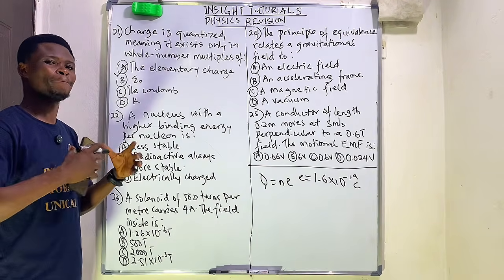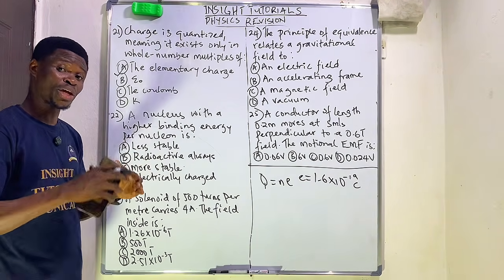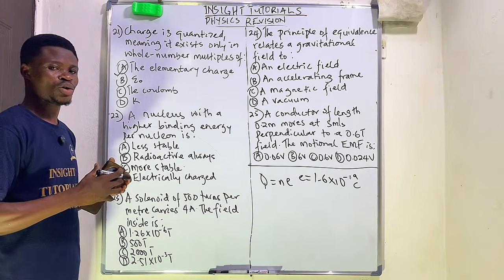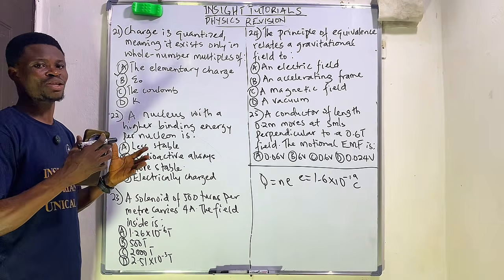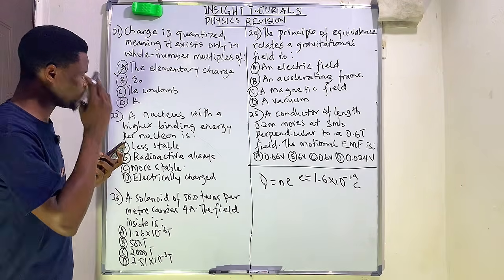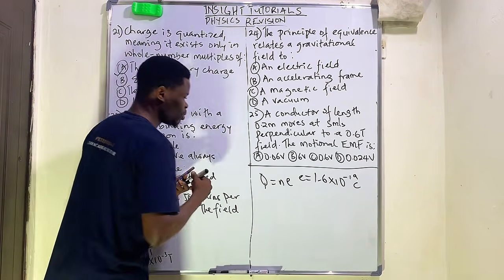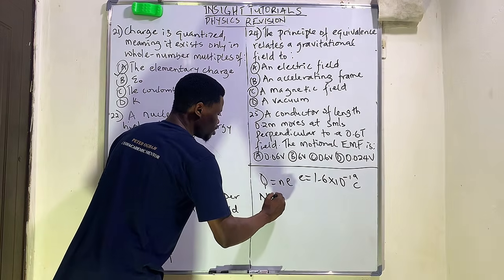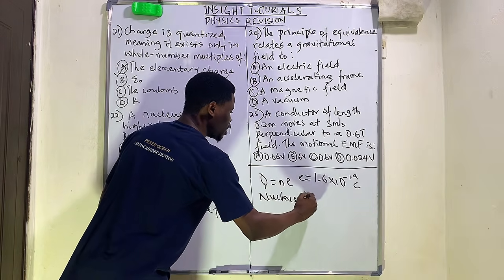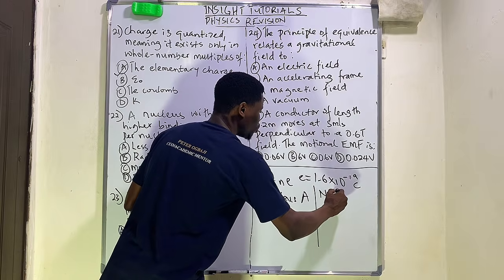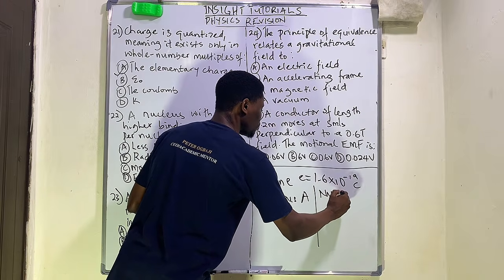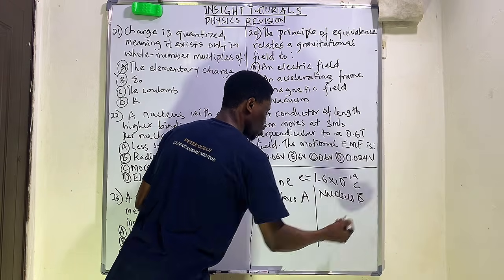So it will require more binding energy to break than a nucleus that is not actually tightly held. Now, assuming we have nucleus A and nucleus B on this side.